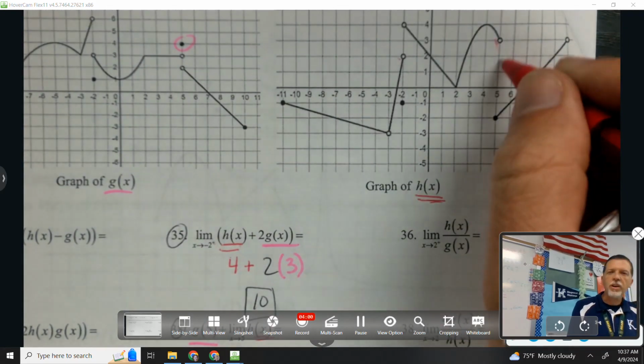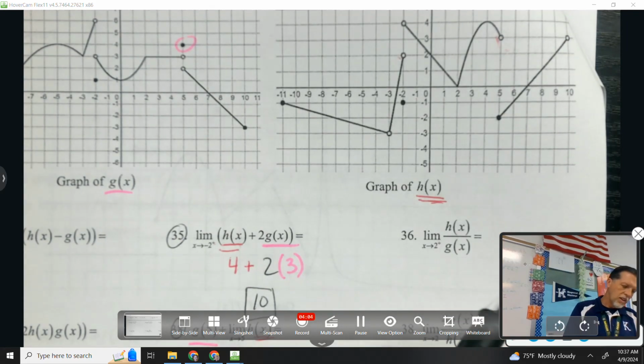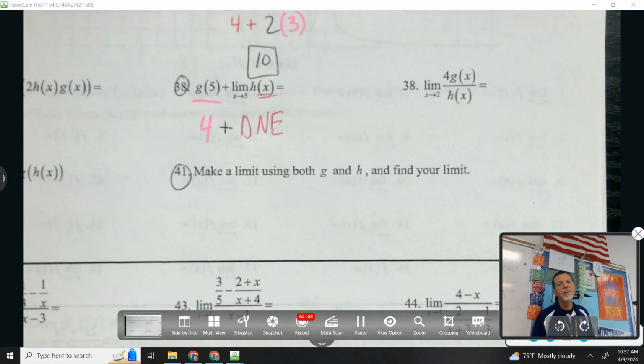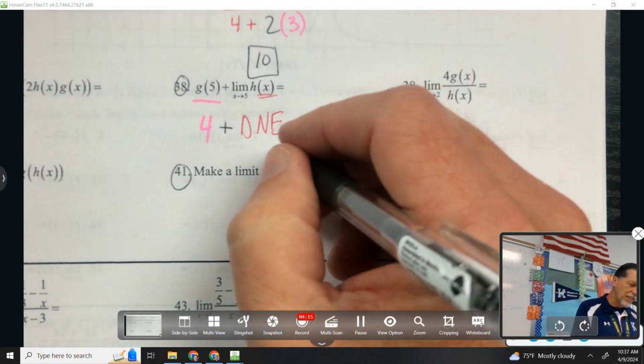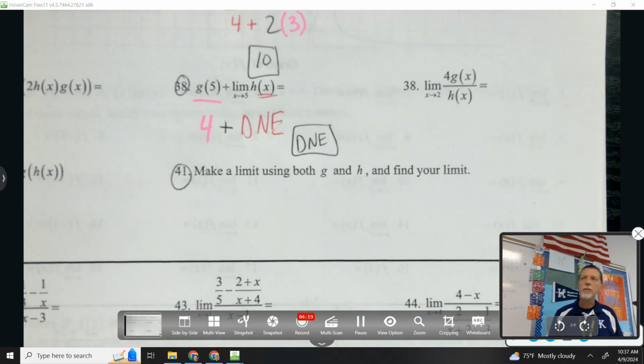Oh, that doesn't work, because there's different sided limits there. So 4 plus doesn't work. You know what 4 plus d and e equals? D and e. I probably shouldn't even say equals, because it's not really equals. It just doesn't exist, is the final answer for that one.